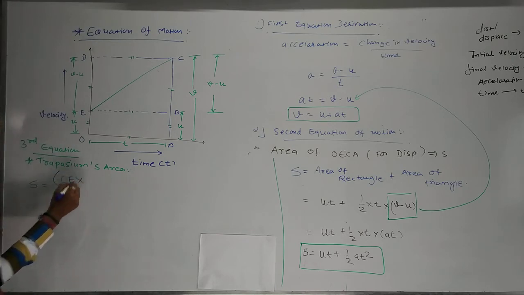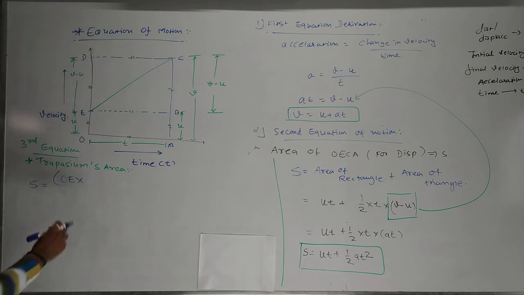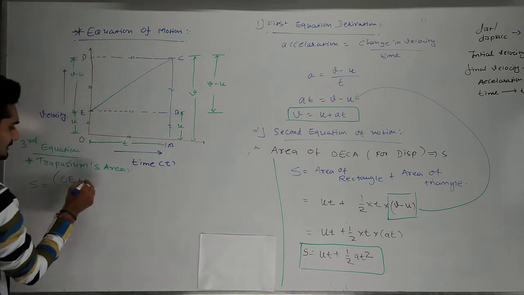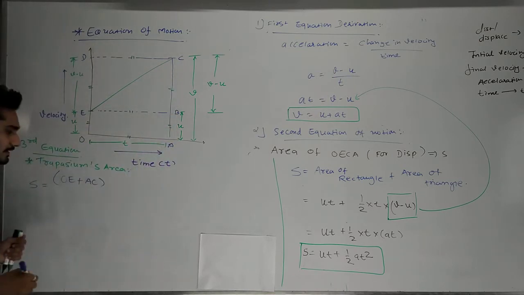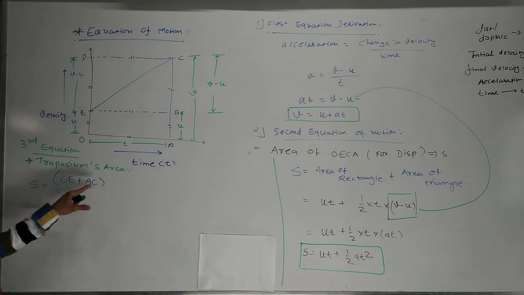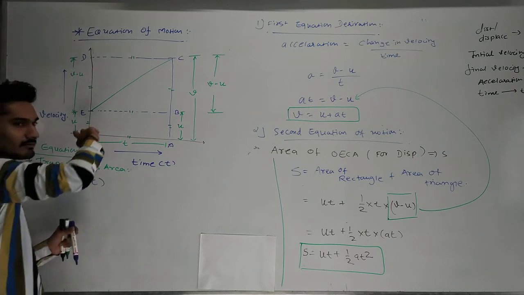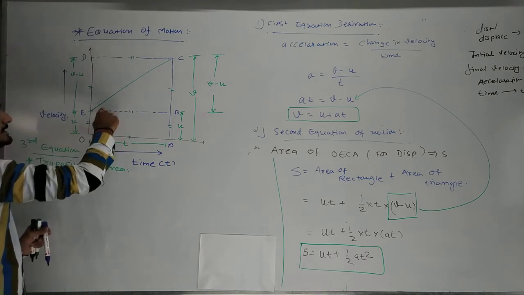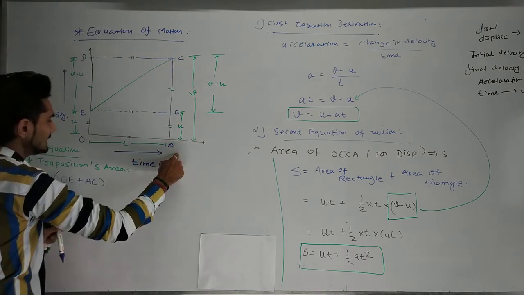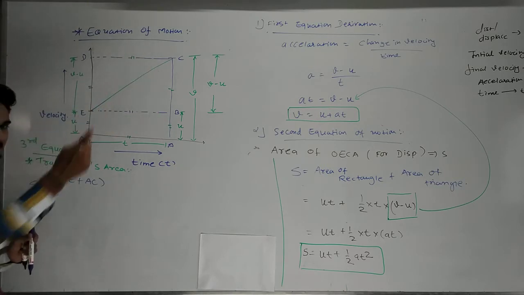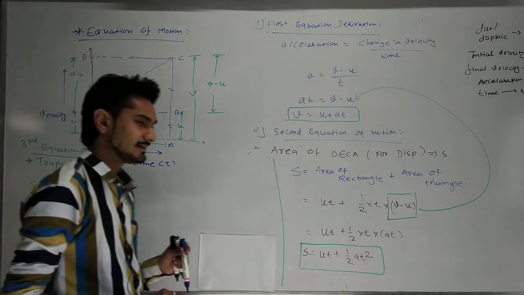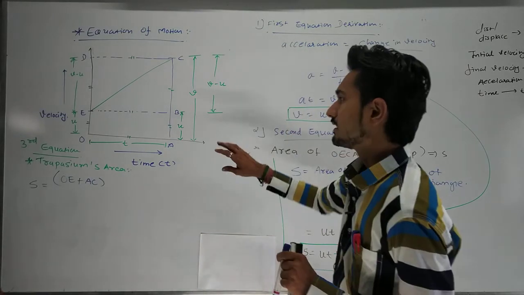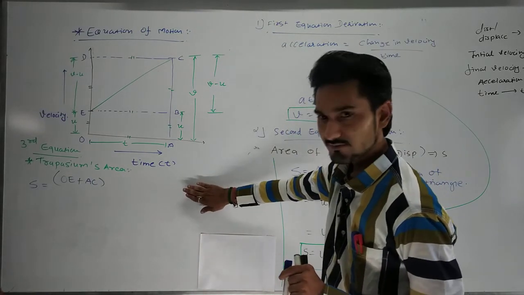OE multiplied by OE plus AC. When we cover this trapezium's area, the four sides OE, EC, CA and AO give us the trapezium, and then we are going to discuss what the formula for a trapezium is.